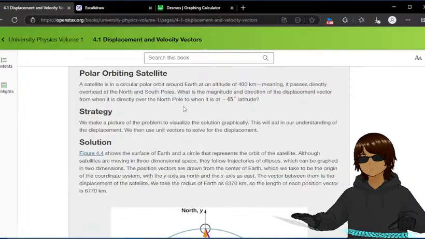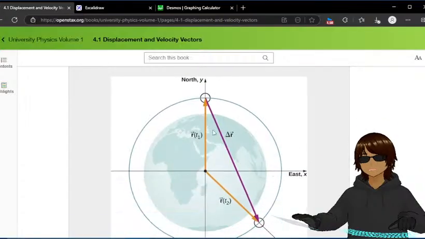Wait. The magnitude and direction of the displacement vector. Okay, I calculated the arc length. That's not what I have to calculate. I have to calculate this displacement. So let's take this as 0, 0.